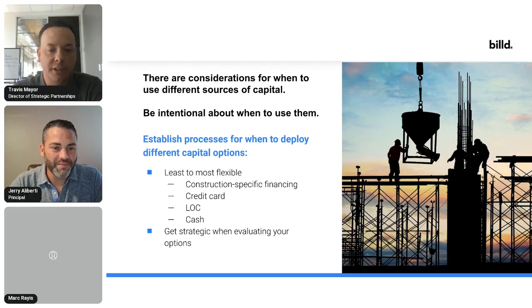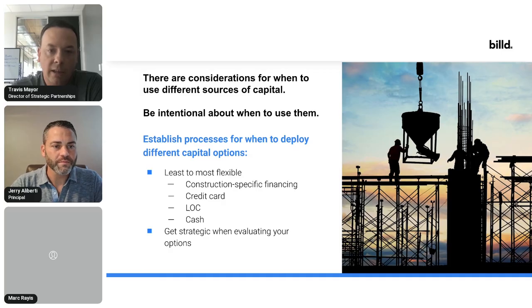Some considerations around when, these are just some example processes that you could employ at the business level or specific project level on when and how to use different forms of capital, right? And so some of these examples, projects with certain GCs, and I know Jerry's going to hit on this in a little bit, but if you know that a GC is somebody that you might have stopped working for in the past for XYZ reasons, and they still ask you to bid on their work, or you just know that the owner they're working for, a client in this particular case, takes a very long time to pay, right?